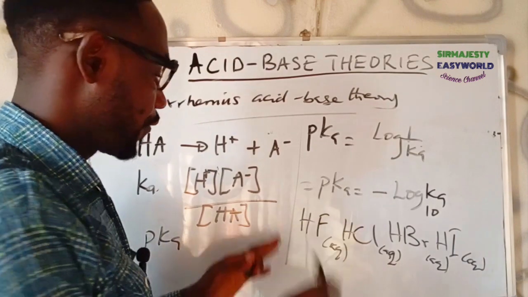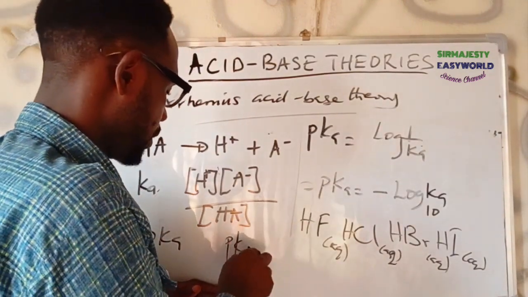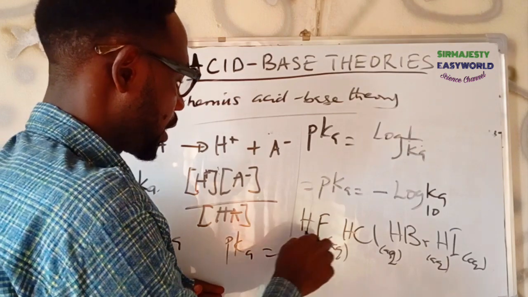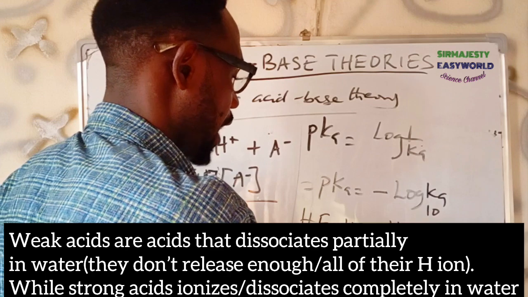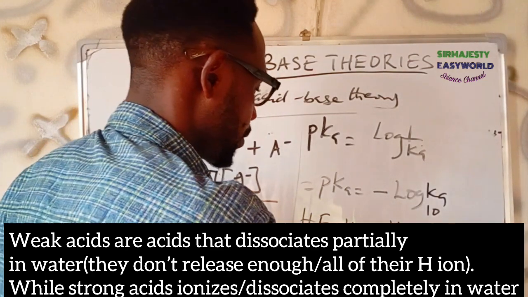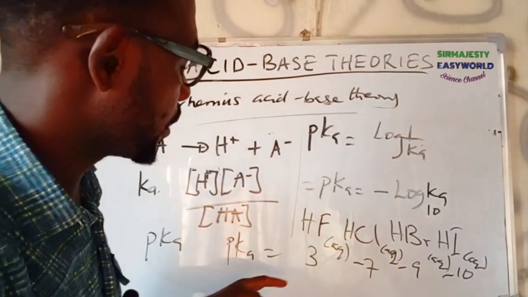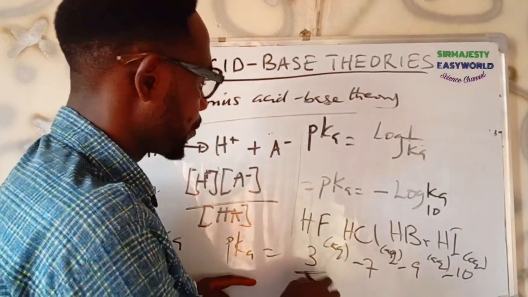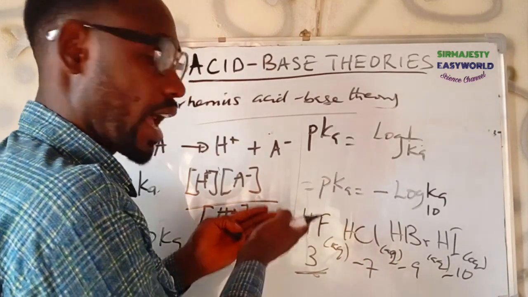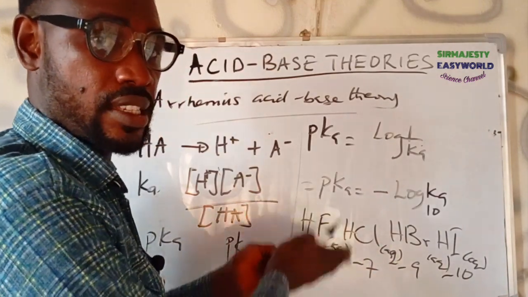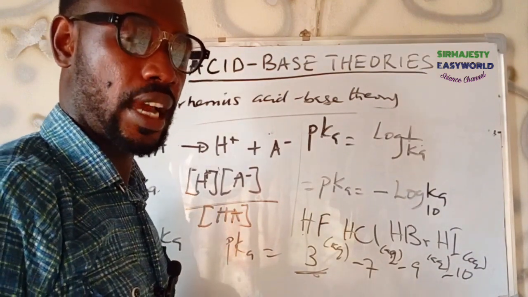It has been confirmed that the pKa, what are the pKa values for these acids? The pKa for HF is 3, that of HCl is -7, that of hydrobromic acid is -9, that of hydroiodic acid is -10. If you look at these values, HF has the highest value. The pKa of HF is highest. This is already established. That means that hydrofluoric acid is the weakest among these hydrohalic acids.